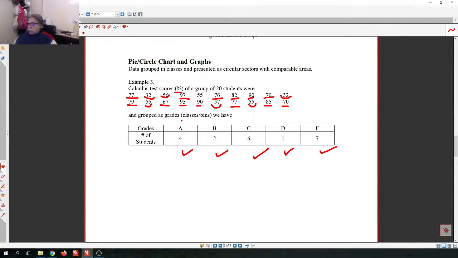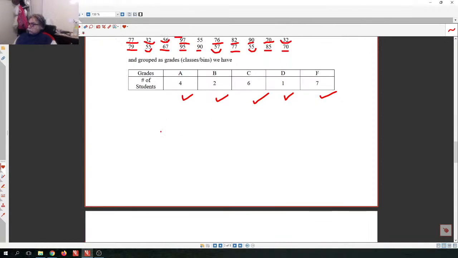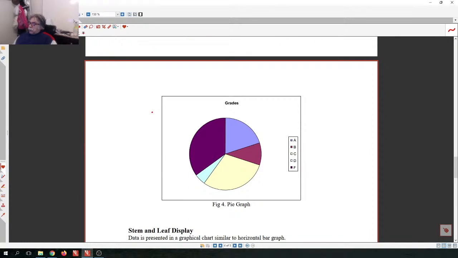And again, I didn't do a histogram here. I divided it based on grades. I'm aware this is not a histogram. So I'm making a pie chart. So this is the F grade. I put the color coding here on the side. This is like a guide. And I have 7 here. This is sometimes done.